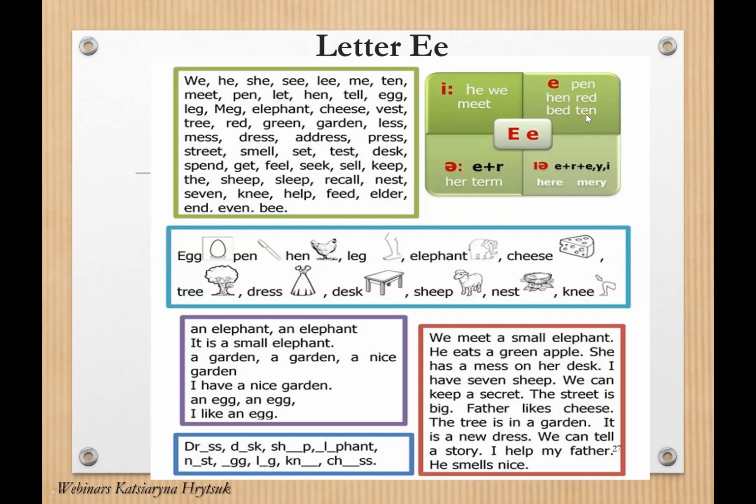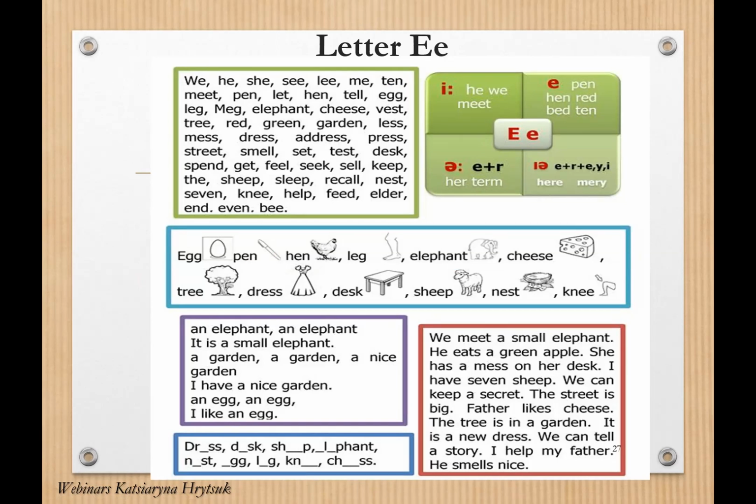Shortly and fast. Then remember when we have R, everything changes, right? So her, term, and ear: E plus R plus E or Y or I. Here. So, examples here.